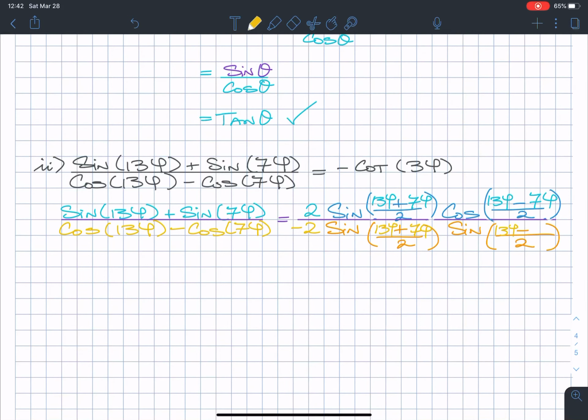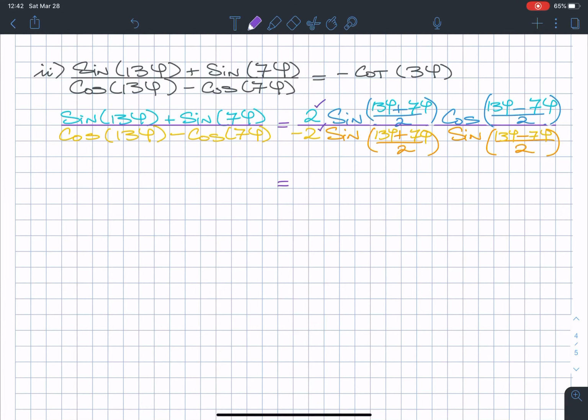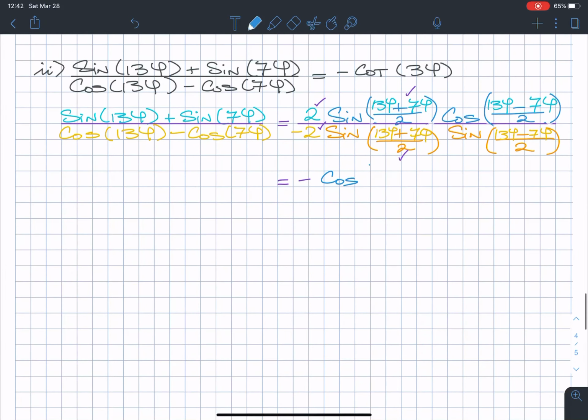So what does this give us? The 2's reduce, but I'm left with a negative. These sines are exactly the same, so they reduce. And I have left cosine of 13 minus 7, which is 6 phi, divided by 2.